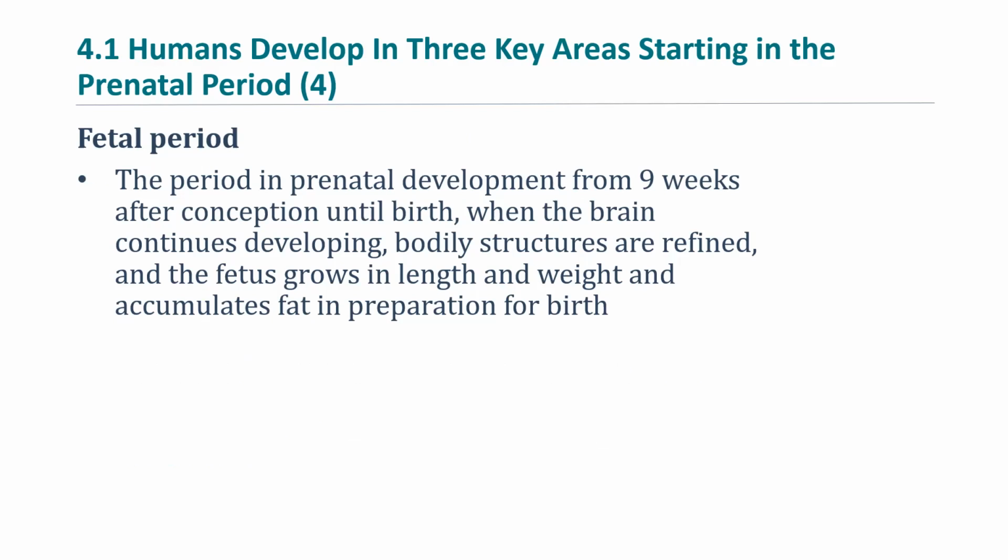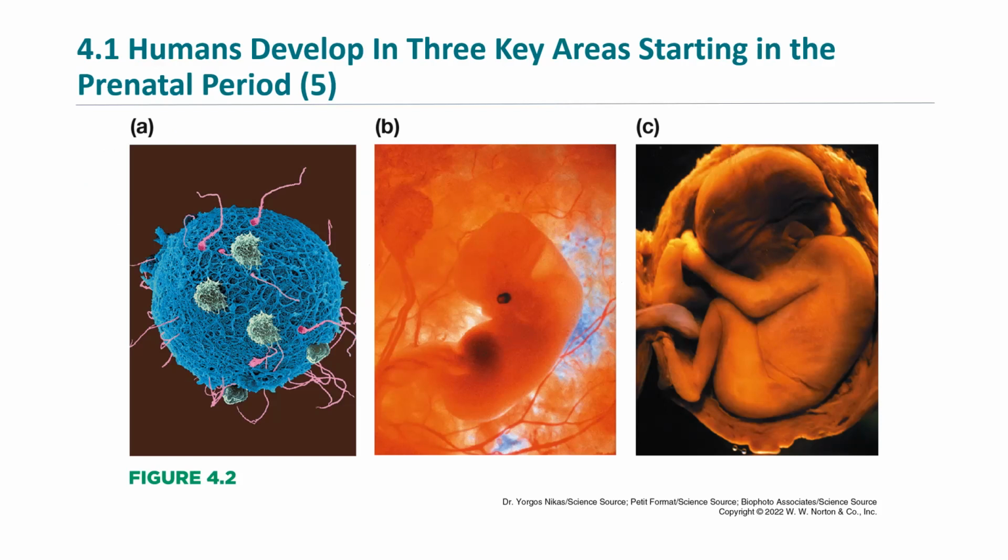Okay, here are a few pictures showing you the 3 different periods. So once again, in the germinal period, shown on the left here, you can see that there are a number of sperm around trying to form a union with this egg, which is so much larger than the little sperm.